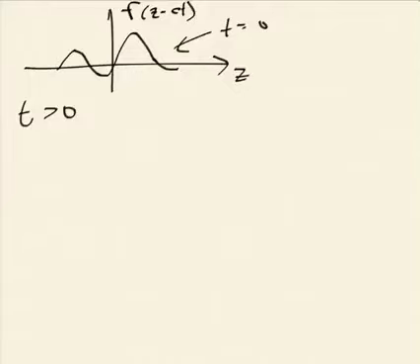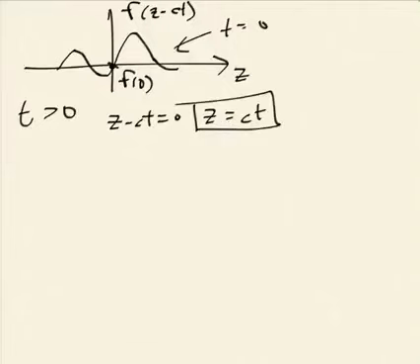the point that used to be f equal to 0. So here is where f is equal to 0. So f of 0 in this case is here. That point f of 0 will now move to where the argument is 0. So for t equal to 0, that's going to be at z equal to 0. For t greater than 0, if I want z minus ct to be equal to 0, you see that z is actually going to be positive.